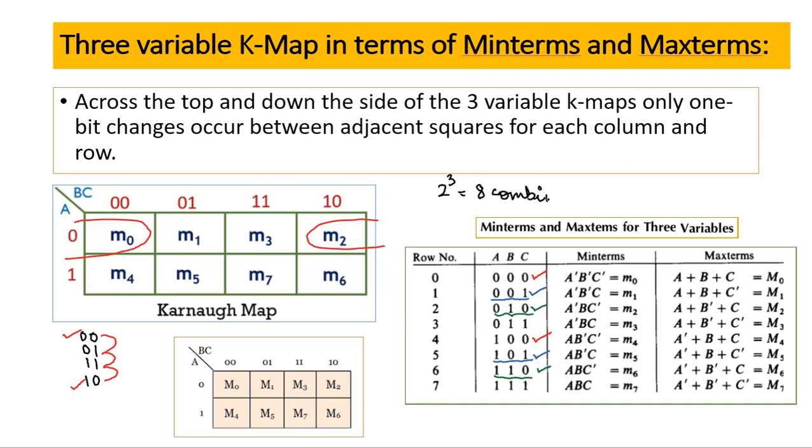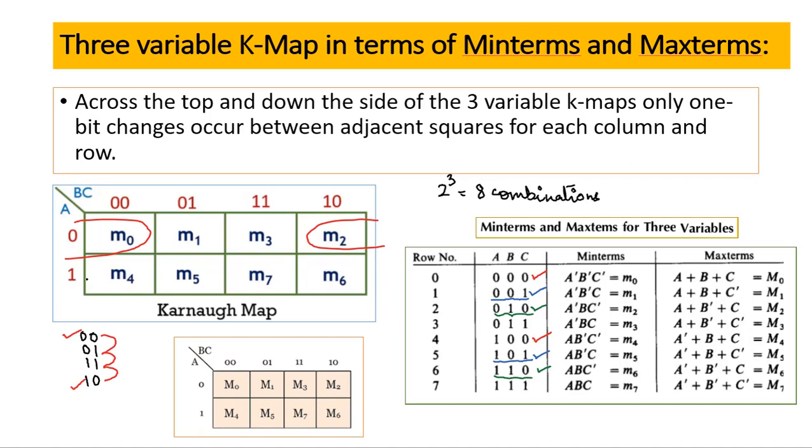You can see the 8 combinations and the corresponding decimal value, and the min terms are represented by a lowercase m and the max terms are represented by an uppercase M.